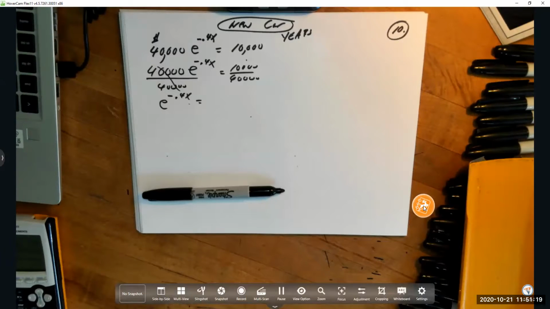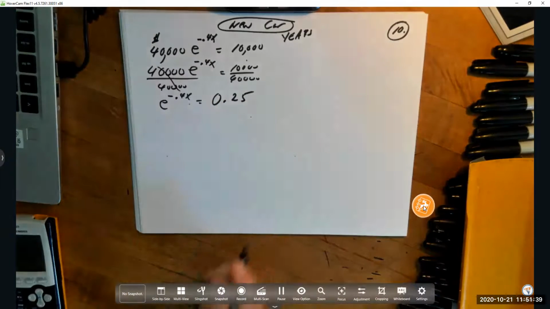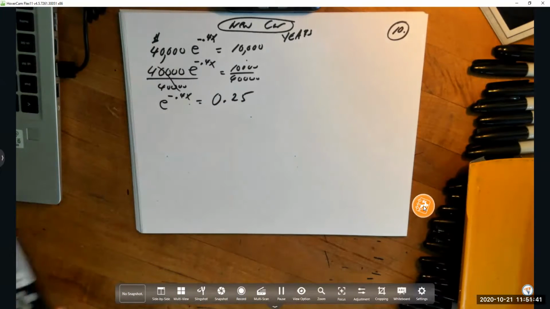I got a decimal. What did y'all get? 0.25. Yeah, that's what I got. Let me do it again just to make sure. Yeah, I got 0.25. All right, let me write down what you just said. I got 0.25. Is everybody okay with that? 10,000 divided by 40,000. All right, so now you got 0.25.